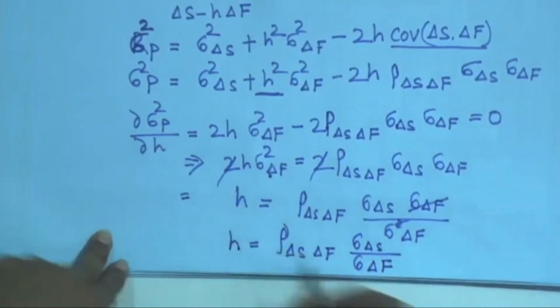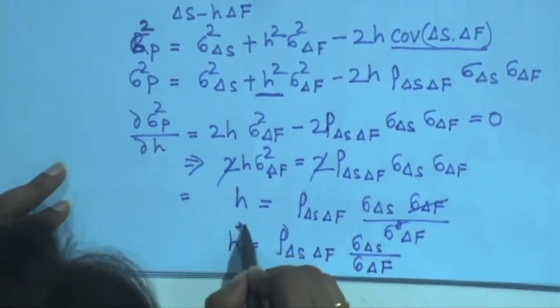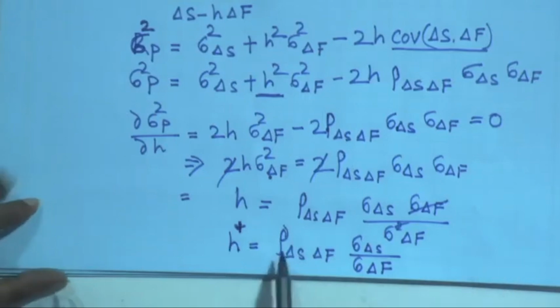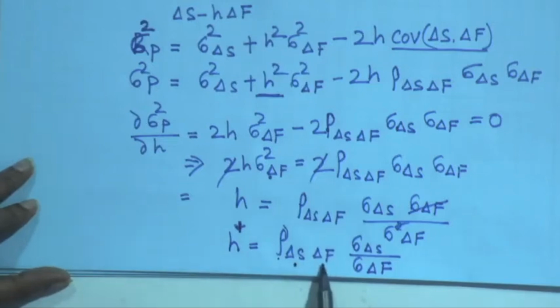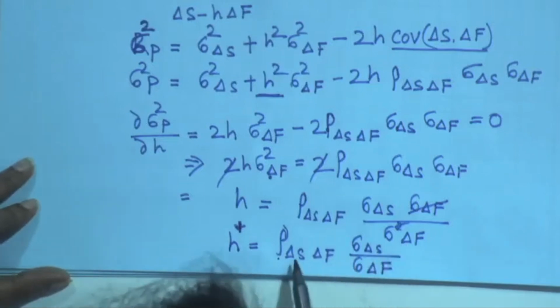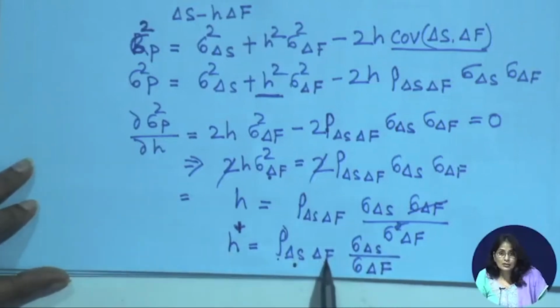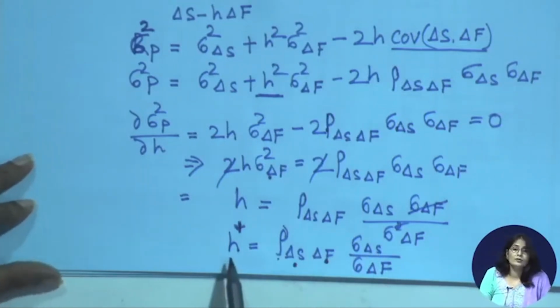So depending upon the correlation between the change in the spot price and change in the futures price, into the standard deviation of change in the spot price divided by standard deviation of change in the futures price, is going to give us the minimum variance hedge ratio.